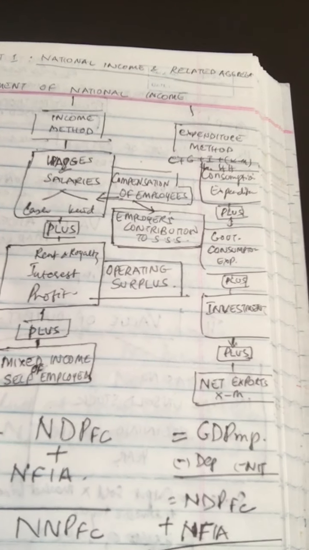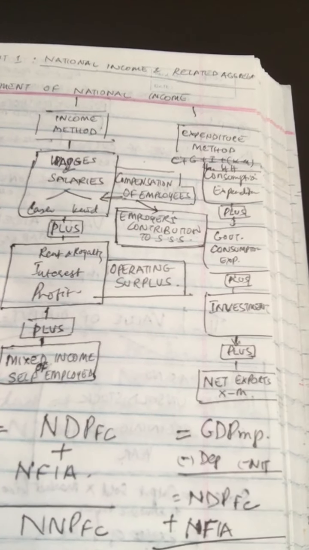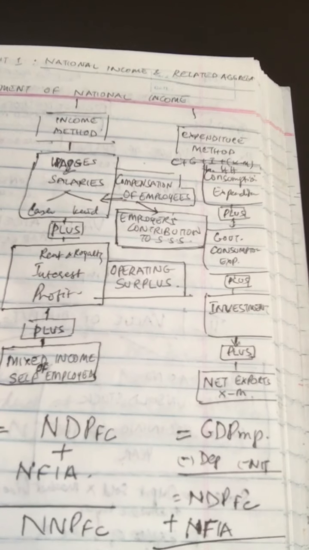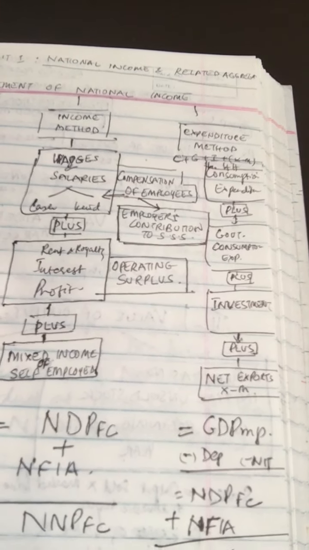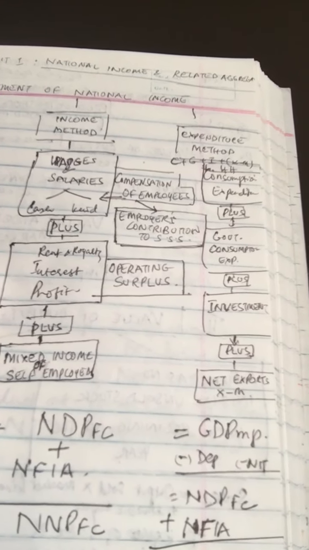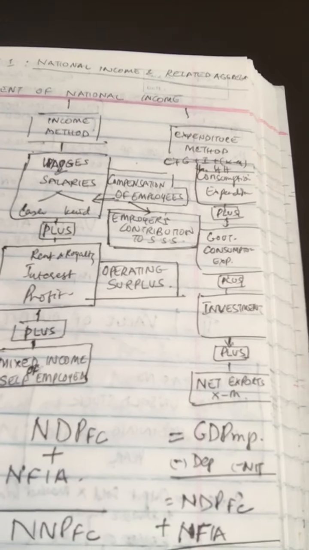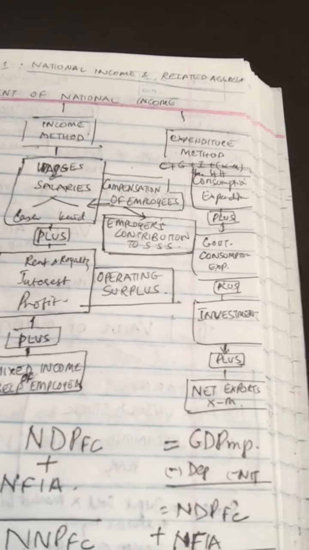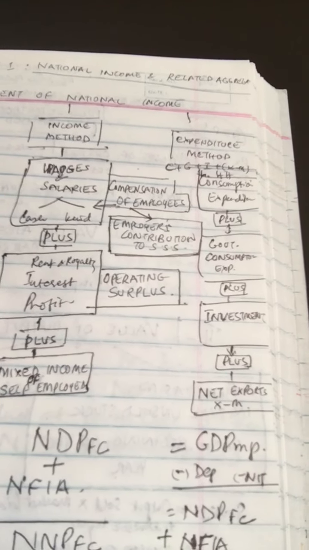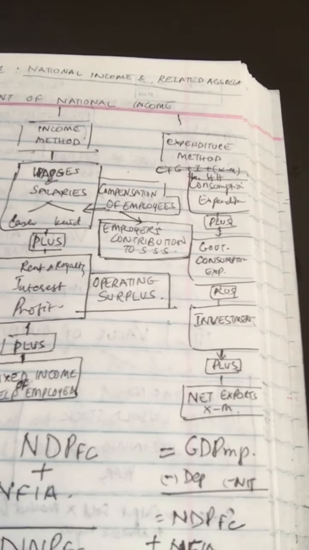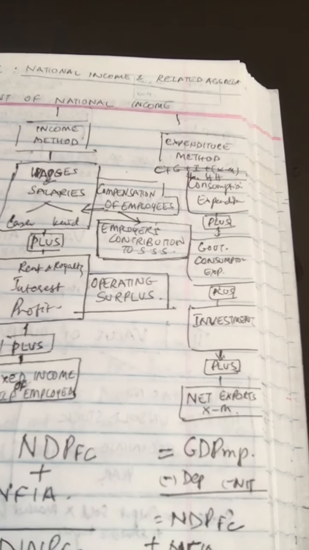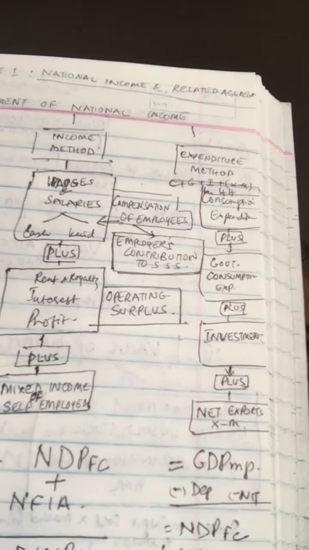So all three have to be changed: from G to N, minus depreciation; from MP to FC, minus net indirect taxes; and from DP to NP, that is from domestic product to national product, add net factor income from abroad.